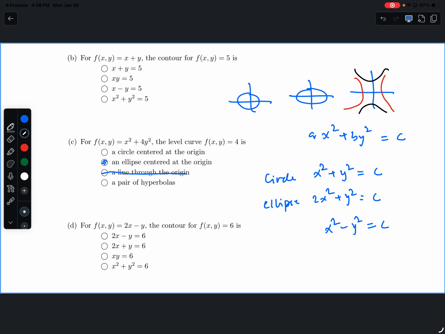If you use Desmos to draw x square minus y square is equal to c, this is not a function, but when you isolate y you have two pieces, one positive square root, other negative square root, and if you graph these, you will get these curves.